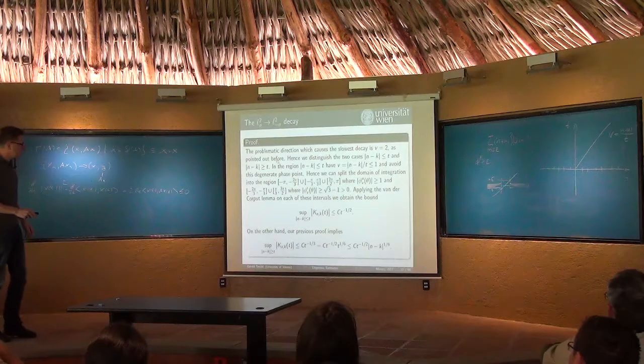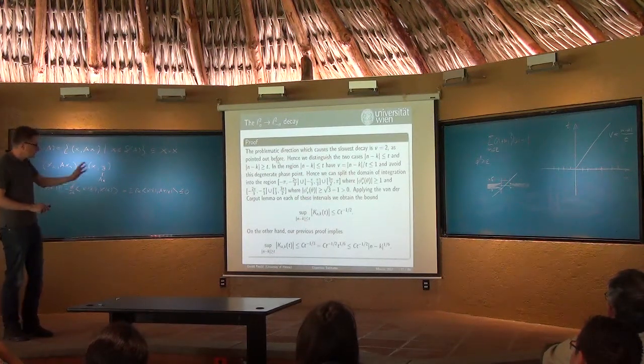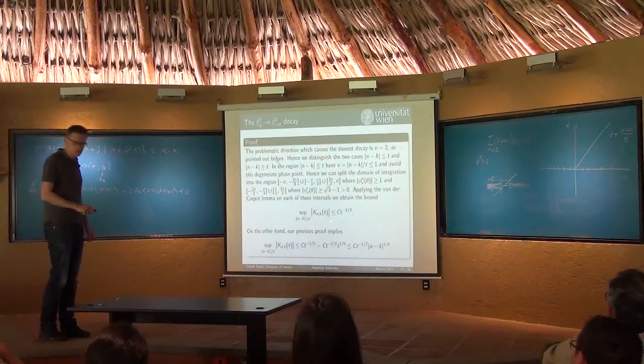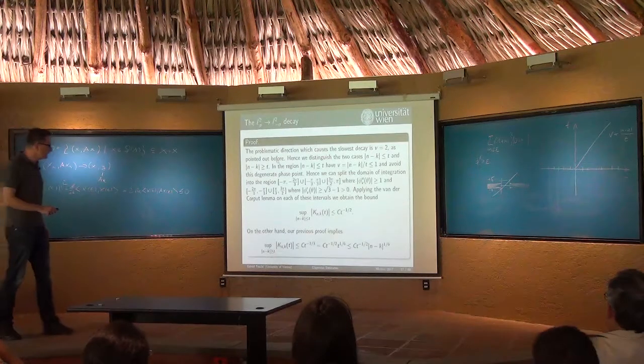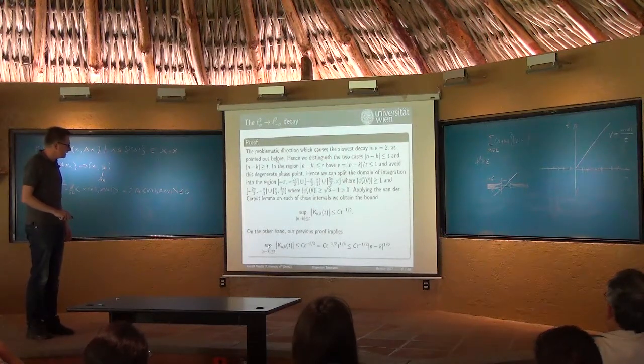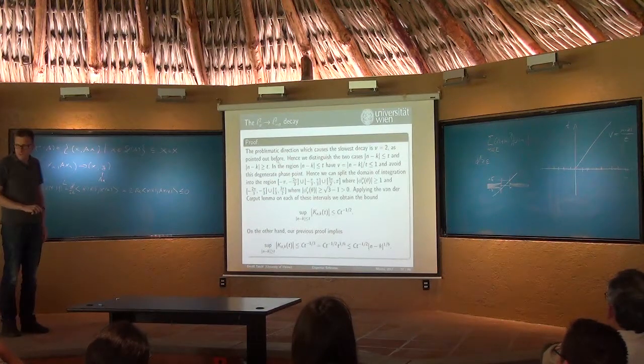Okay, so applying the van der Corput lemma then on each of these intervals, you get the following expression right here. So if you take the sup when the absolute value of n minus k is smaller than t, it is given by this expression right here, which is precisely what we want. And now if we look at the other situation, then we have this estimate right here. Okay?